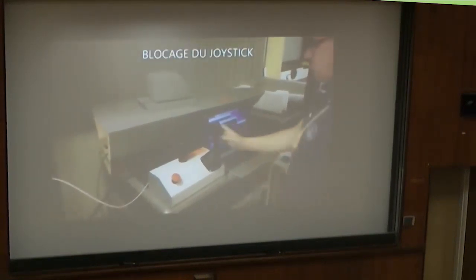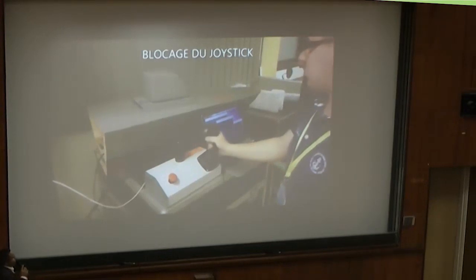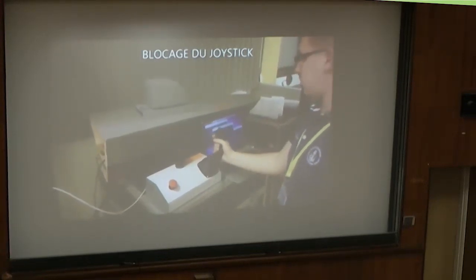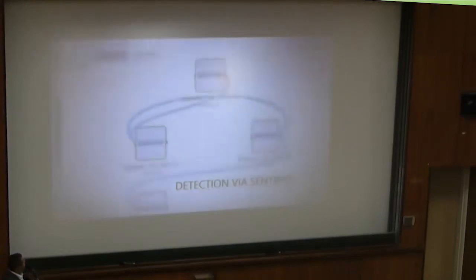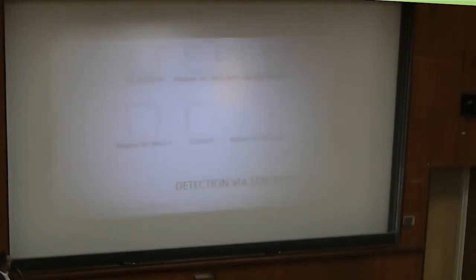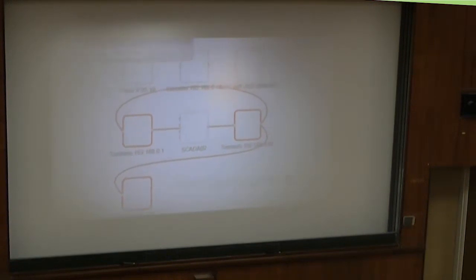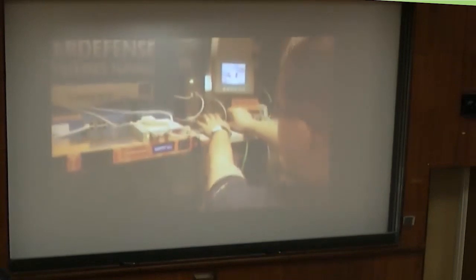Then you execute our attack, and here you modify the block, with which we can make the gun move to the right or to the left. On the probe, they detect the new machine, the machine of the hacker, and the illegitimate stream in red color.